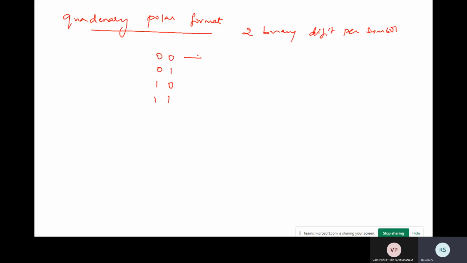So 0 0 is represented by minus 3a, this is represented by minus a, this can be represented by plus a and this can be represented by plus 3a. Okay, we have already discussed how we choose this representation. So now again let us assume equally likely generation.